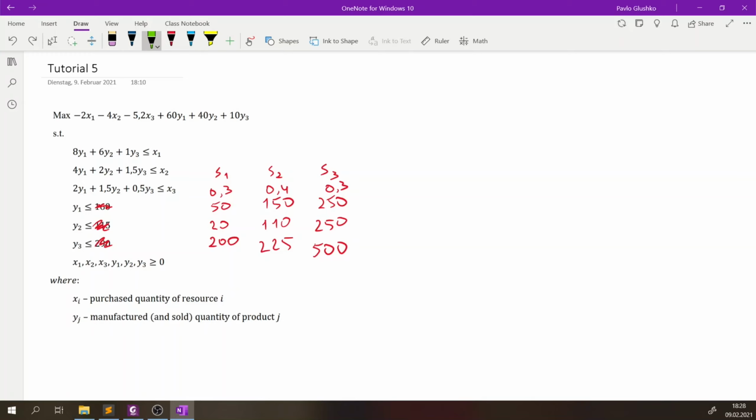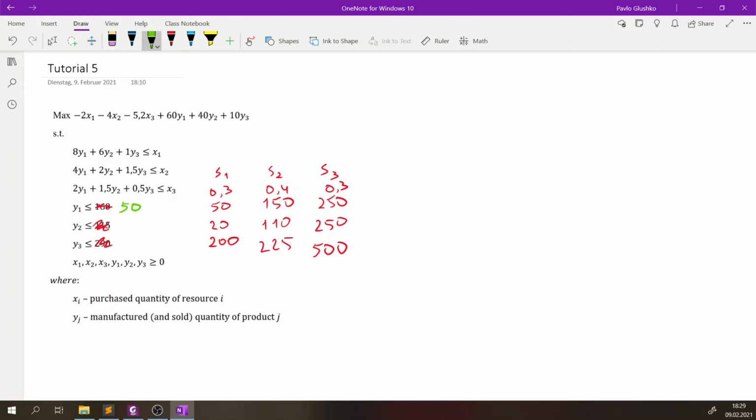What will happen if I choose to put 50 here? If I choose the constraint that the production should be less than 50, which is the constraint for scenario 1, let's imagine that in reality scenario 2 realizes. Still my y1 will be at most 50.